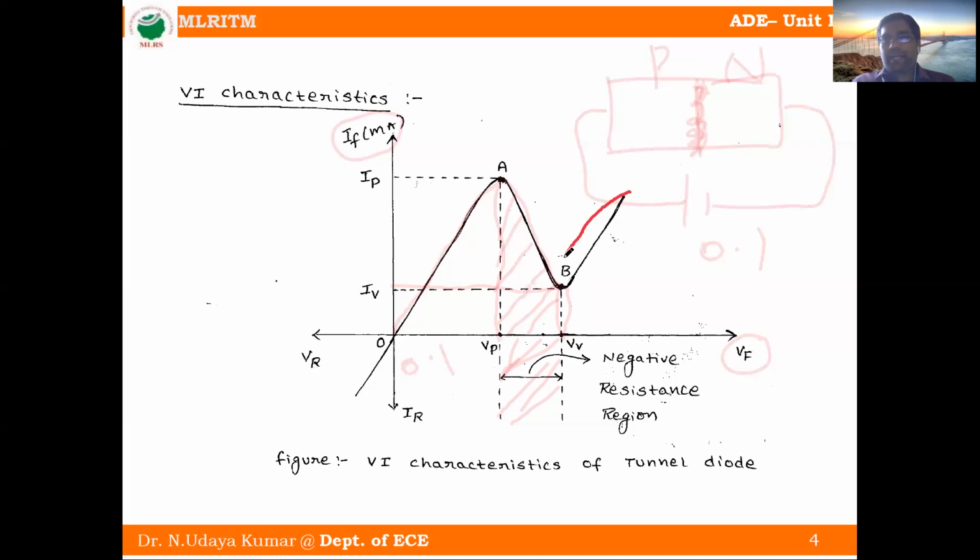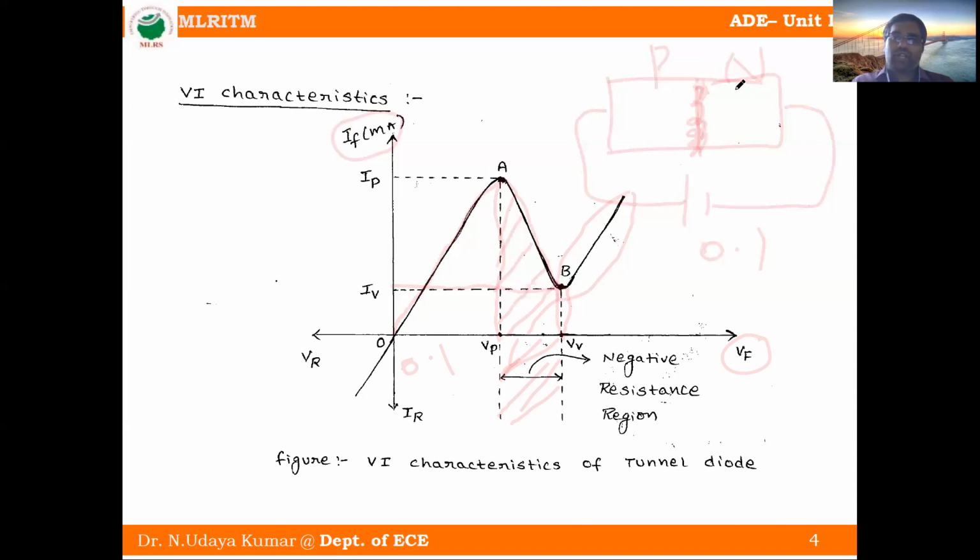This happens because of injection of electrons. So this is the characteristic of the tunnel diode. I will repeat so you can concentrate. Whenever 0.1 volt is applied, the current suddenly increases because the barrier width is very small.